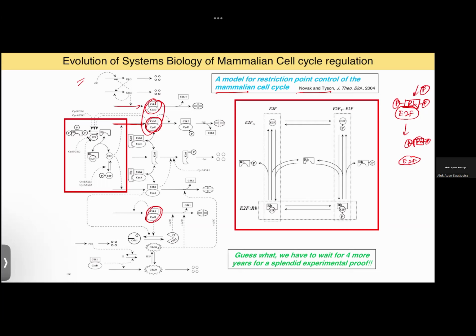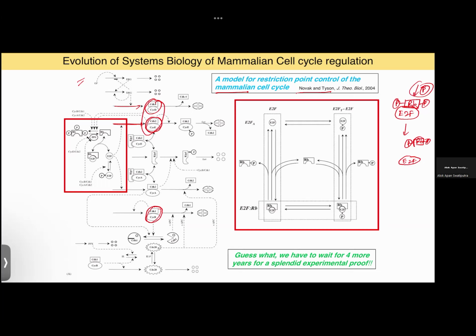Essentially, let me repeat, RB remains bound to E2F and keeps it in a low amount. These cyclin CDKs come and phosphorylate this RB and it detaches from E2F. And once free E2F is present, it will manage to increase its own level.